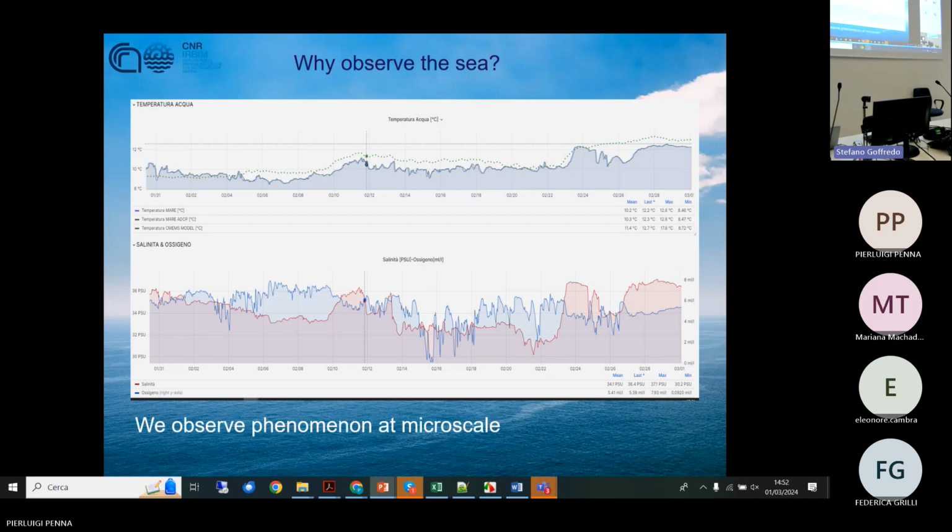In the last month, they released a package for Python in order to interface, collect, and download Copernicus data. It is well documented, so you can make your own script to download, selecting the area, parameter, and kind of product, so the analysis, forecast, and so on.